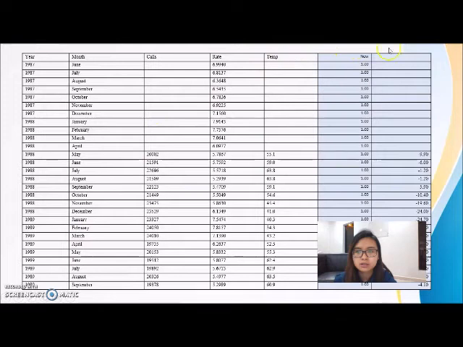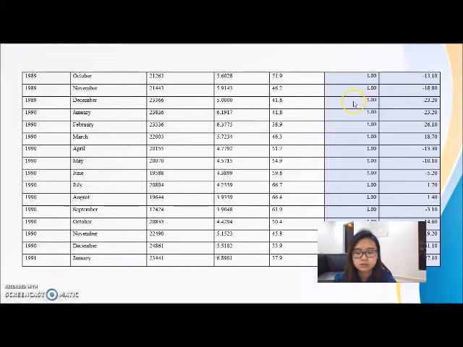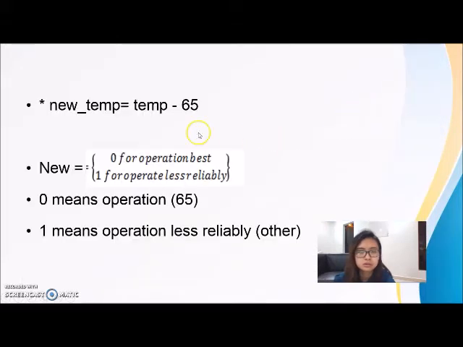So this is the new temperature. For the new temperature, 0 is the best operation, and a higher value means the vehicle operates less reliably. So 0 is the best operation because the vehicle is at 65 degrees Fahrenheit.